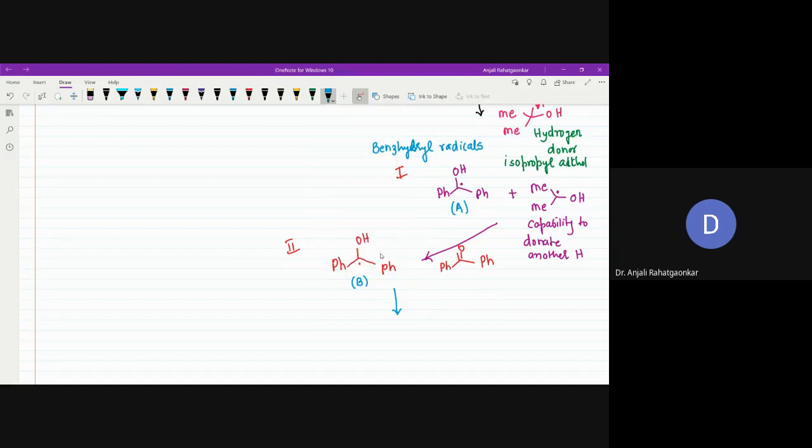So when this benzhydryl forms, simultaneously there will be a generation of acetone, because this hydrogen will be abstracted by this oxygen, and this oxygen again becomes benzhydryl, and here there is a formation of acetone. Now these two benzhydryl radicals are ready for the dimerization.